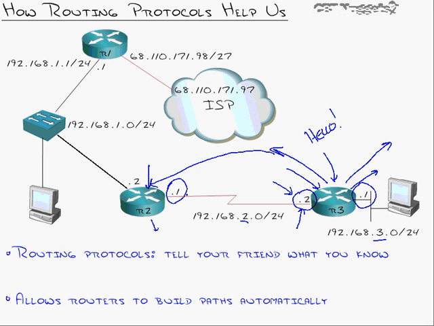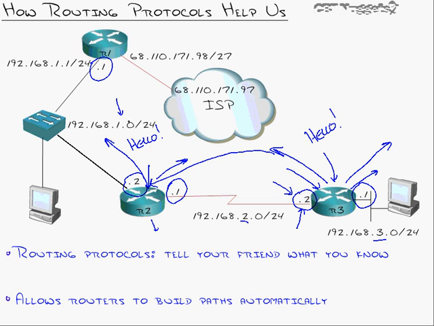Now this story continues. If router 2 is running a routing protocol, it's sending out broadcasts and information updates to all the networks that it's attached to saying, hello, I know about 192.168.2.0, 3.0 because someone told me about it, and 1.0 because I'm plugged into that network over here. Router 1 gets it and says, oh, well, I knew about 1.0.